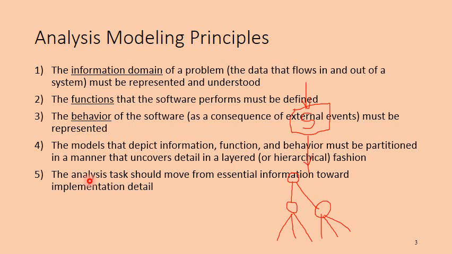So this is all about analysis modeling. Just remember three points you will never forget if you are talking about the analysis of your system: information, function and behavior. The three points are very important. And then obviously, instead of explaining everything together, you try to explain it with the help of different layers. Okay?